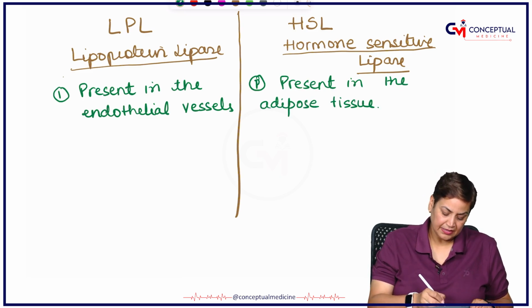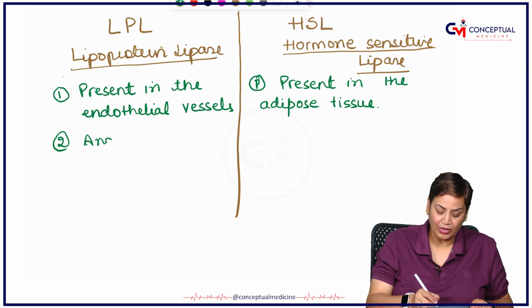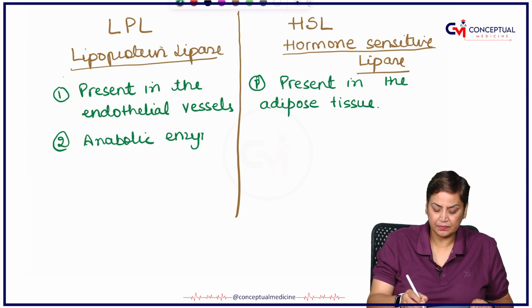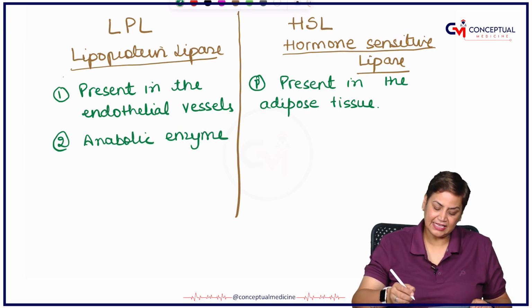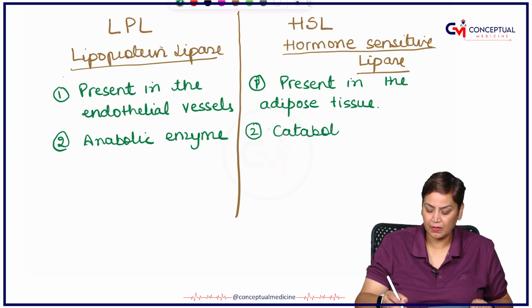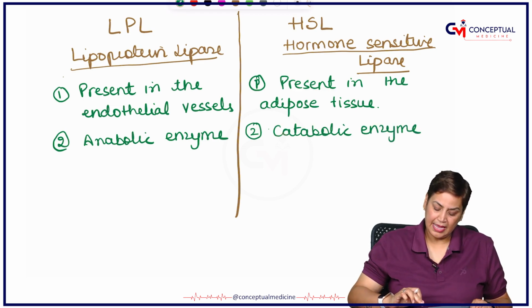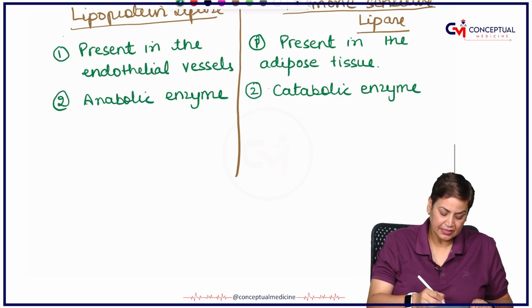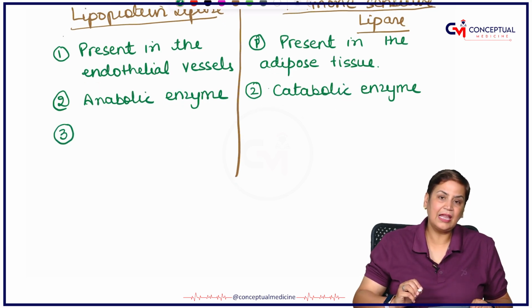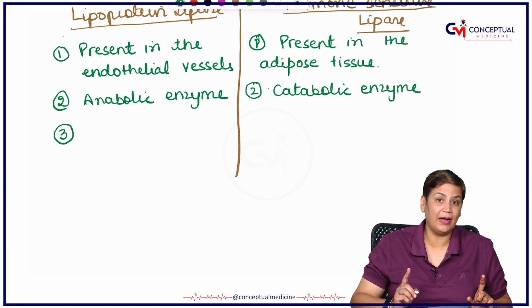Right. Second, lipoprotein lipase is an anabolic enzyme. This is very important. And HSL is a catabolic enzyme. And third, lipoprotein lipase is always activated by insulin.